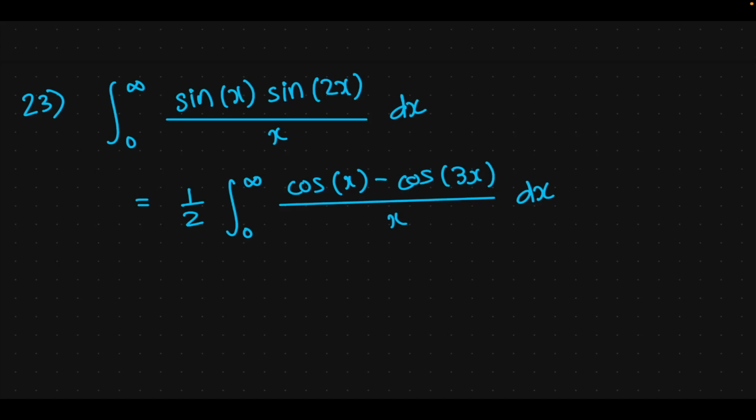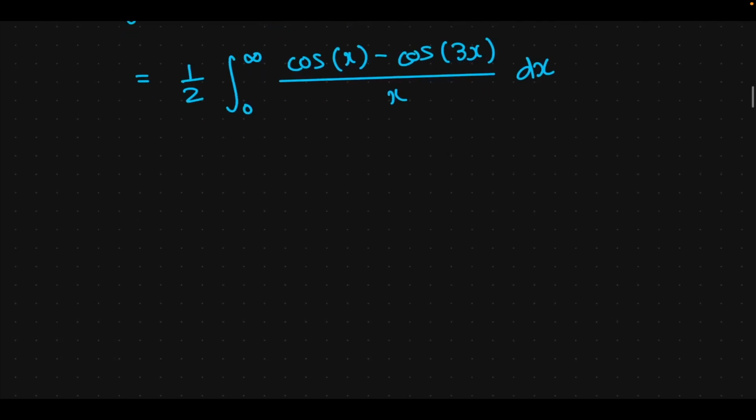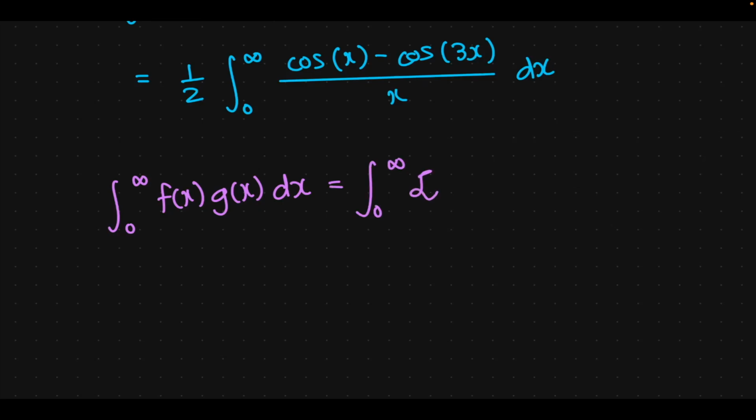So remember, maybe I use a different color, that integral 0 to infinity f of x g of x dx equals integral 0 to infinity Laplace transform of f of x times the inverse Laplace of g of x dx.